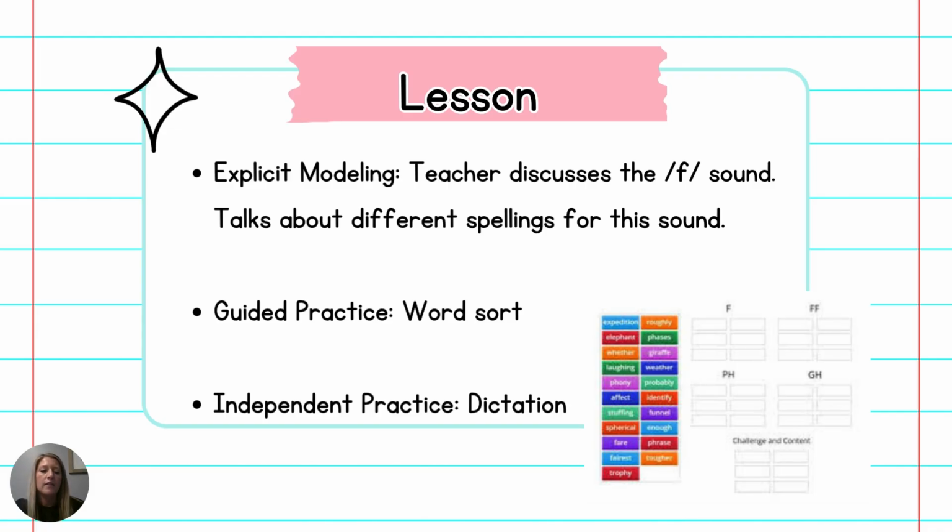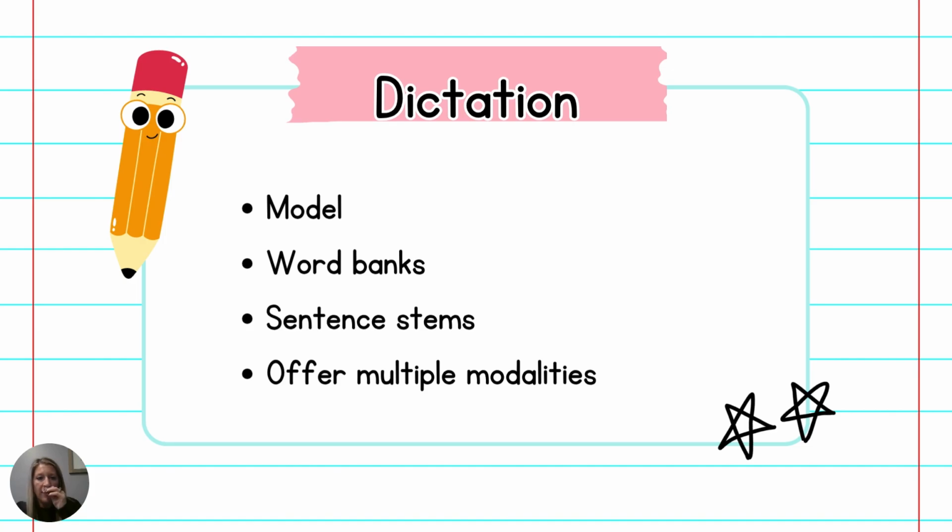And then lastly, to practice some independent practice, we could go to our dictation. So with that, we are going to make sure that we are having students write sentences using the words from the sort, for instance. So you could do this whole activity as one. So you're going from teaching the F sound and all the different meanings behind each spelling, to then doing the word sort.